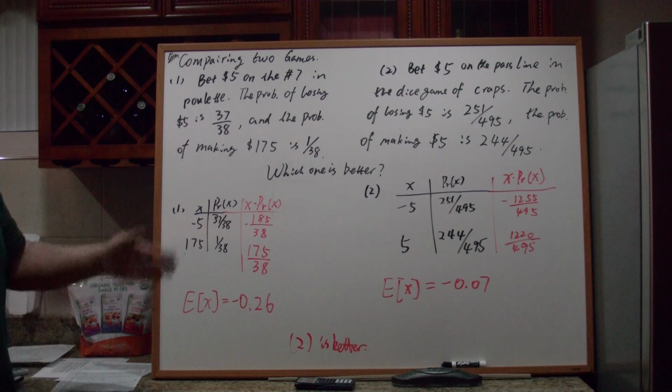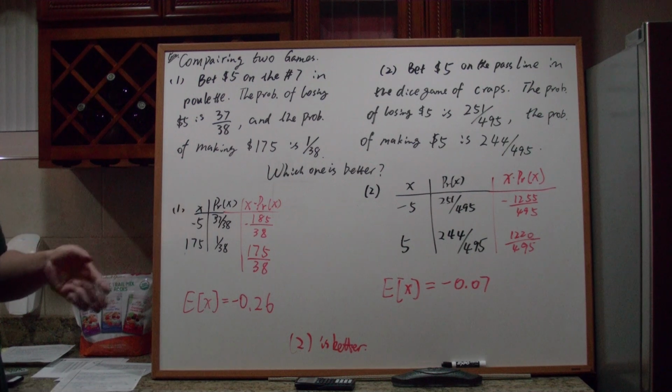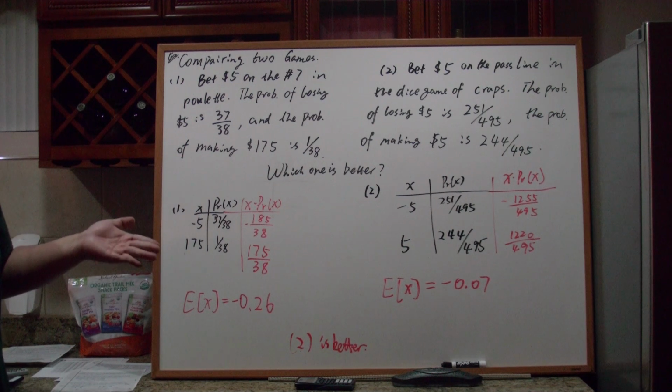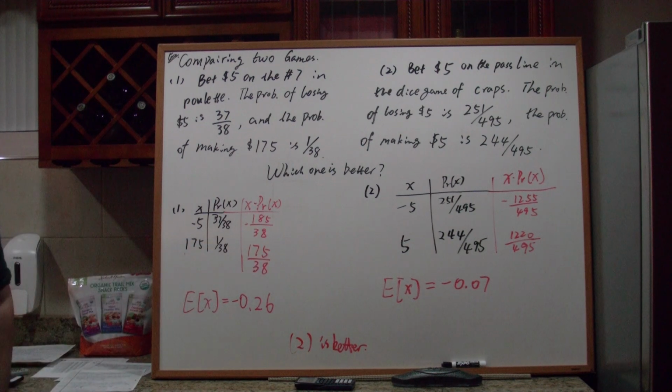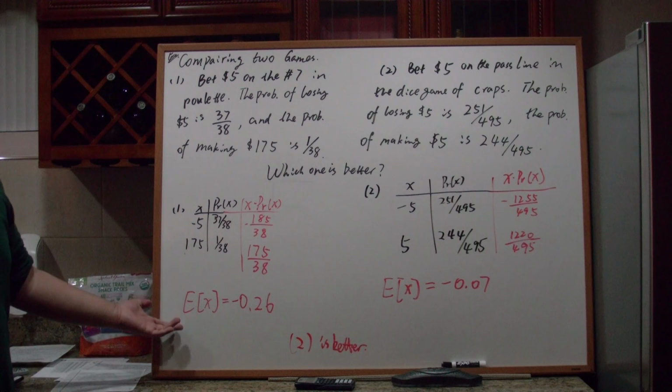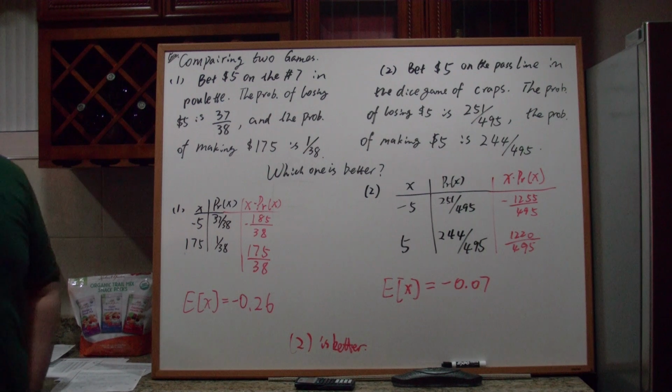And the second one, you either win $5 or lose $5 in the short term, not that much. You may get balanced already. Even for the long term, you just will lose 7 cents for each game you play, and the first one, for the long term, you will lose 26 cents for each game you play. That is the balancing part. Gaining, of course, is itself with risk.